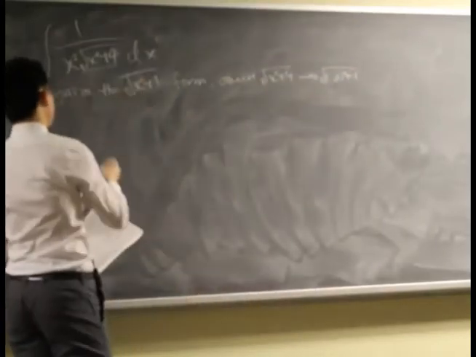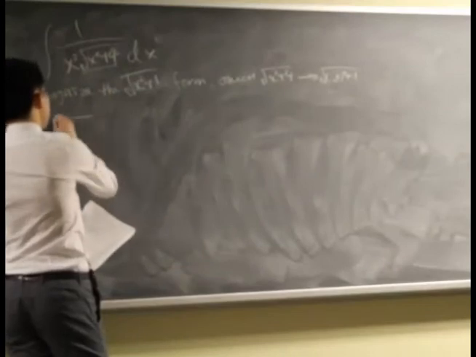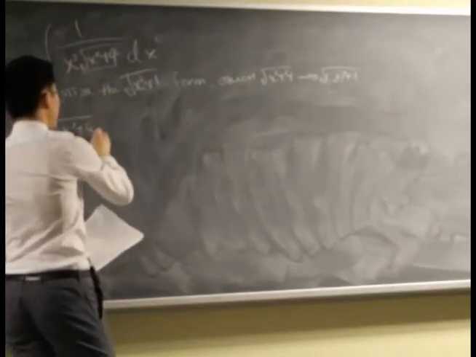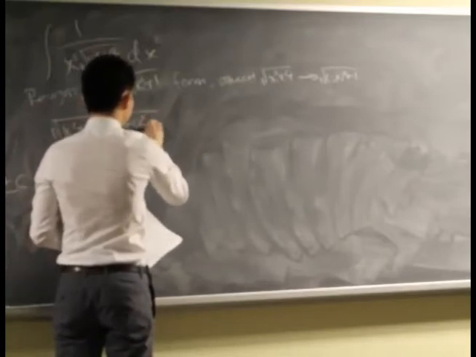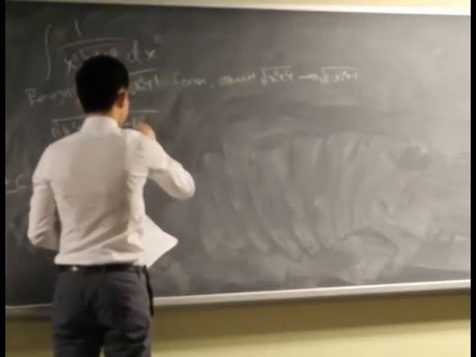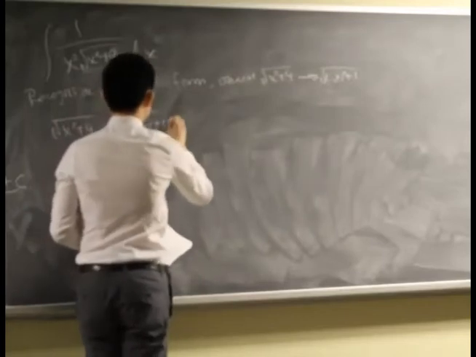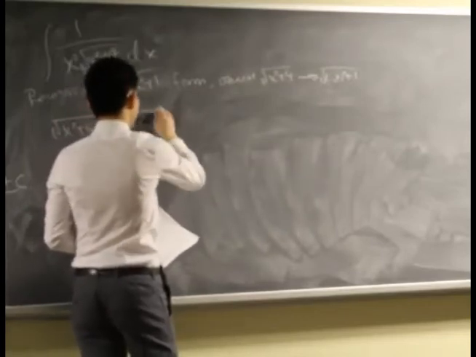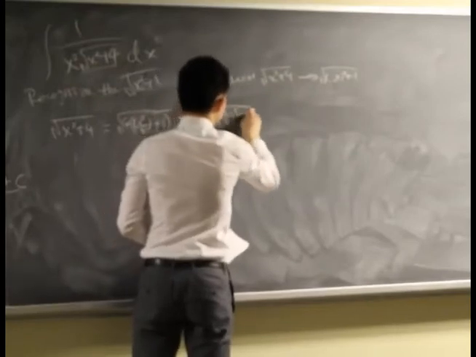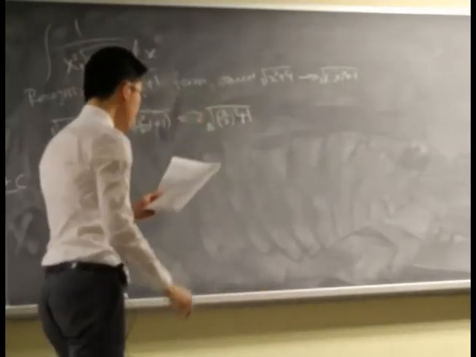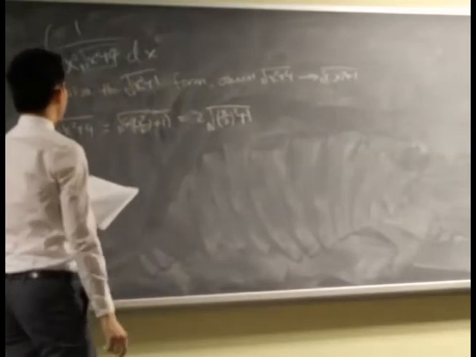And how do we do that? In this case, it's very easy because square root of x squared plus 4 is square root of 4 times (x squared over 4 plus 1), equal to 2 square root of (x over 2) squared plus 1. And then what are we going to do?